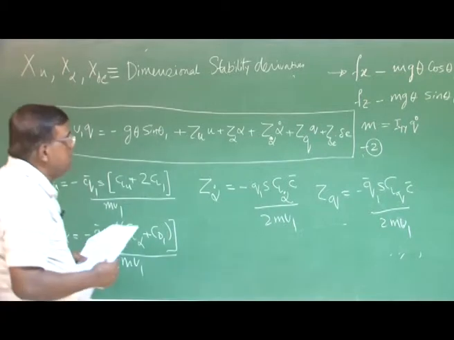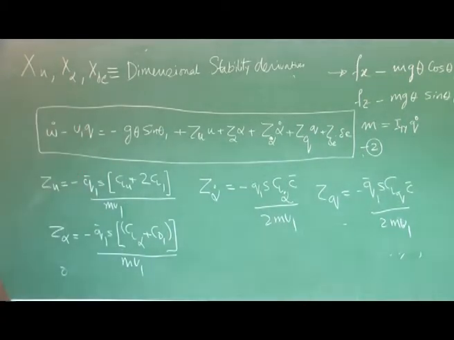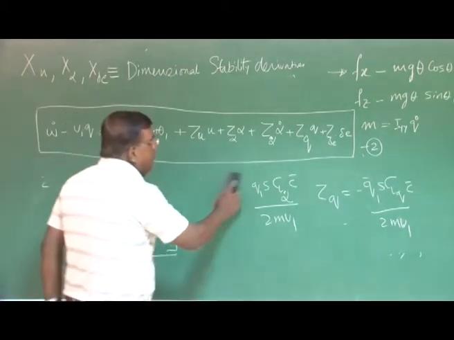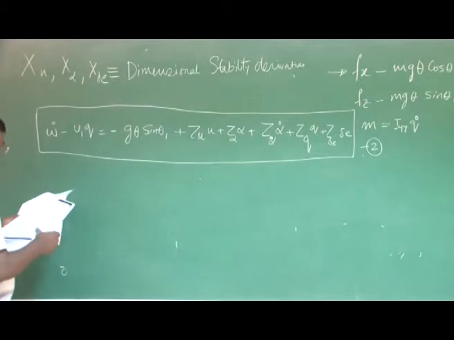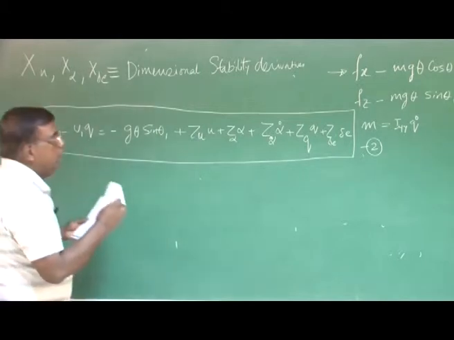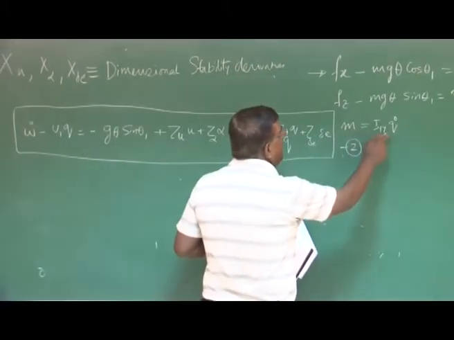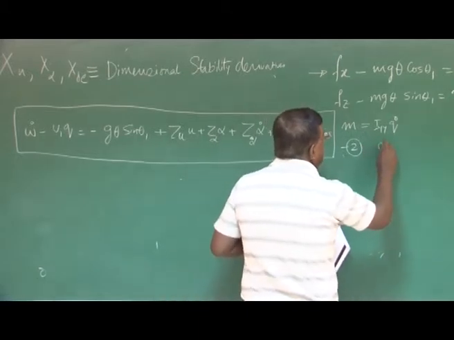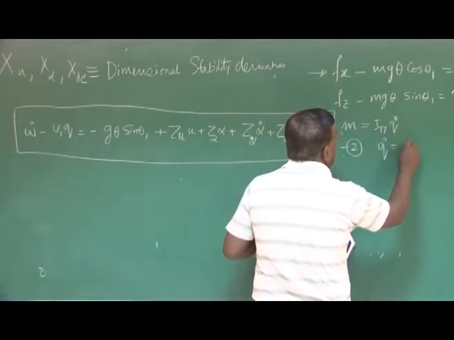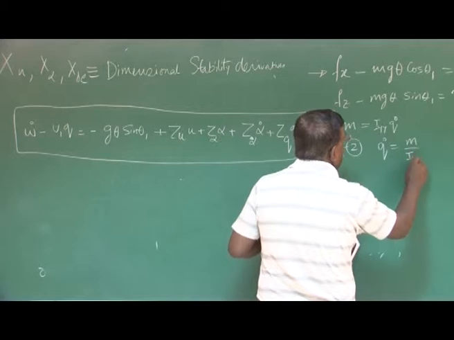Similarly, if I come to M, we will get an equation of the form. You know that M equals I_y q dot, so I can write q dot equal to M divided by I_y.